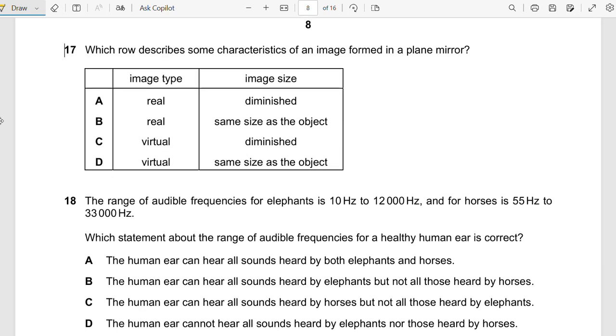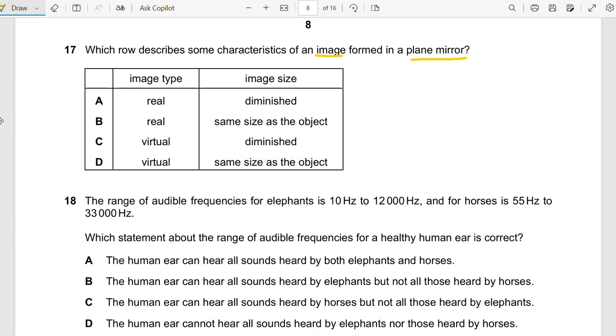Question 17 says, which row describes some characters of an image formed in a plane mirror? Let me remind you, in a plane mirror the image is going to be virtual, same size, same distance from the mirror as the object.